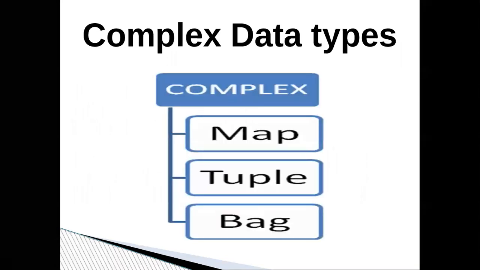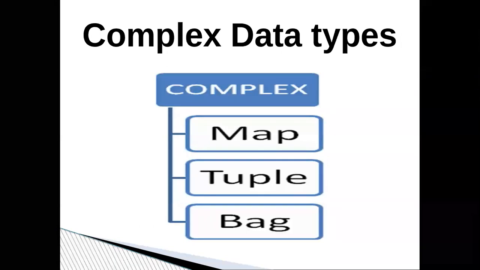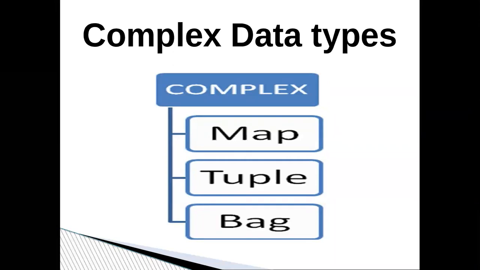Then we have complex data types, also known as map, tuple, and bag, and we'll see their usage. Map is a set of key-value pairs. Tuple is similar to a row in RDBMS that you've learned, so tuple is synonymous with row. Bag is a collection of tuples. So we'll be using all these things in our analysis.